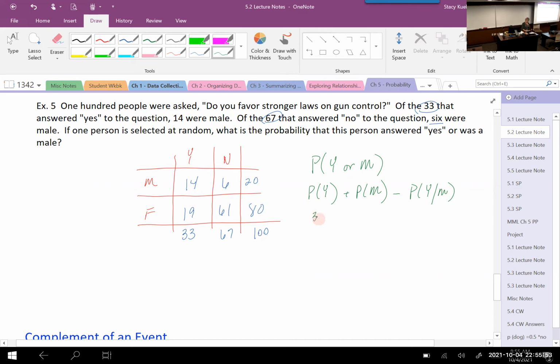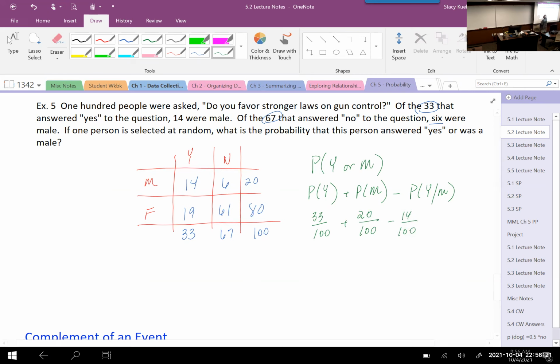All right, 33 out of 100. What's the probability of finding someone who was male? 20 out of 100. Does everybody see those values up here? What's the probability that they are yes and a male? 14 out of 100. And that came from the intersection here.